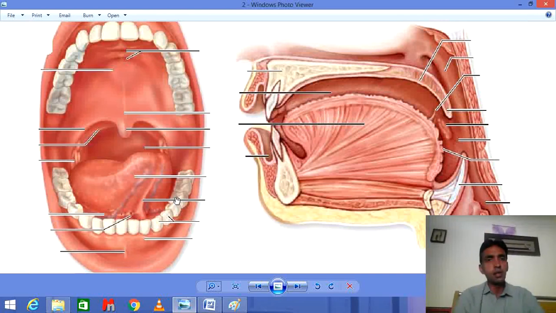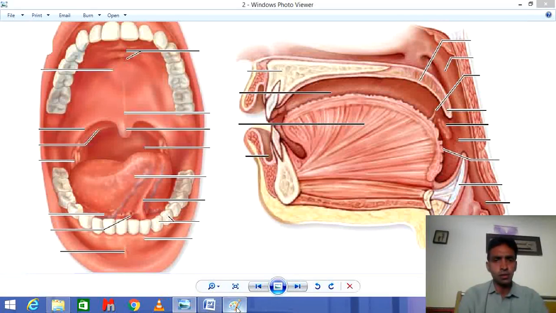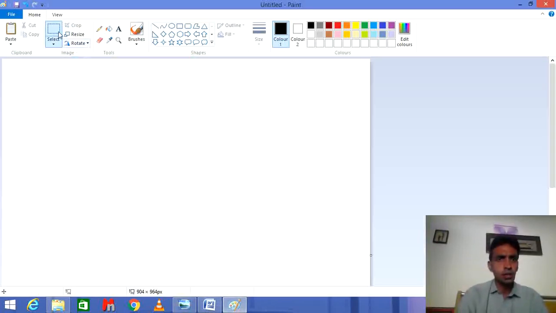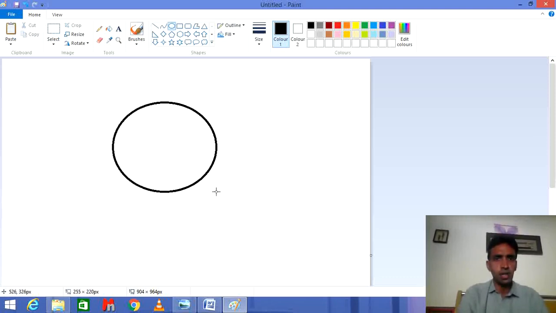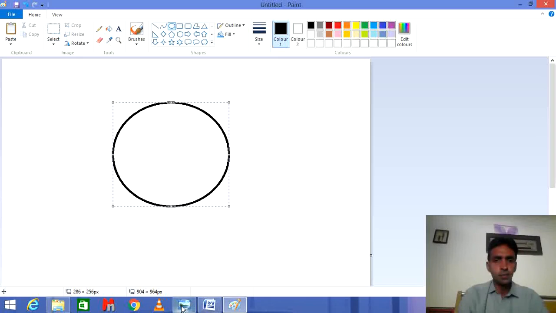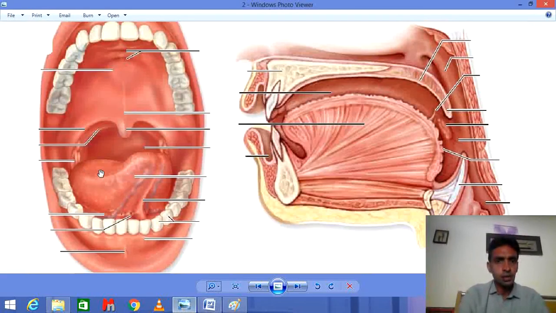Okay. Some glands are also there inside the oral cavity. We will learn about the glands later, but first, for example, this is the last part of the oral cavity, which opens into the pharynx.